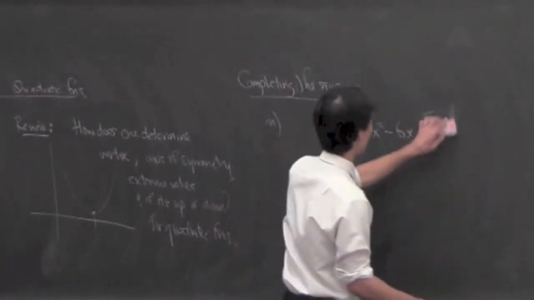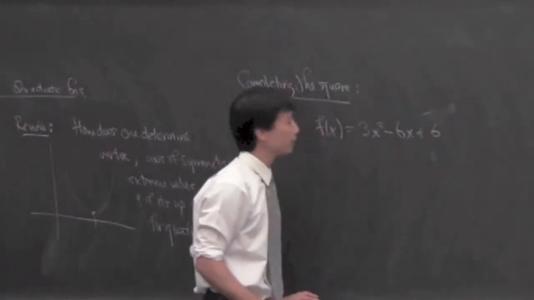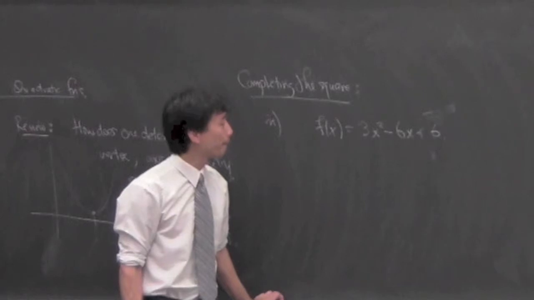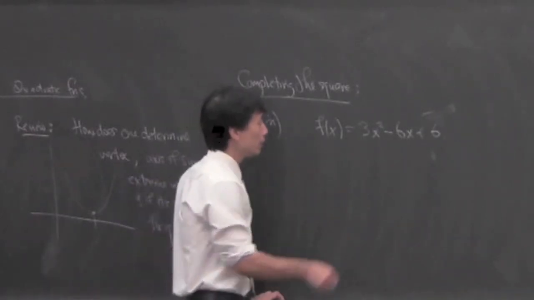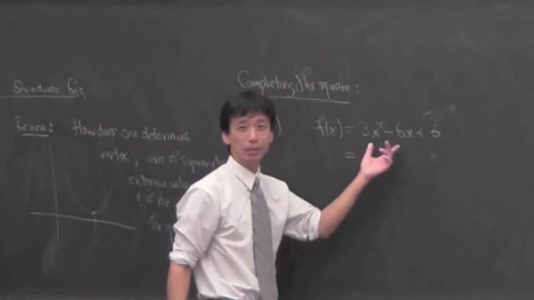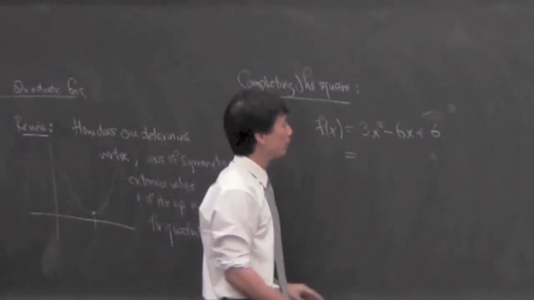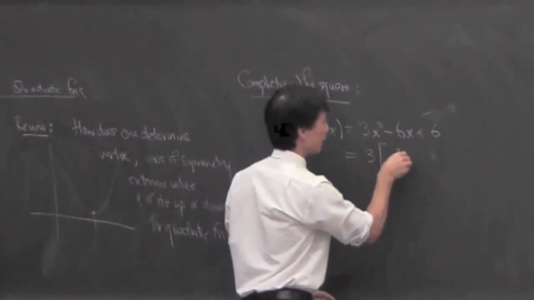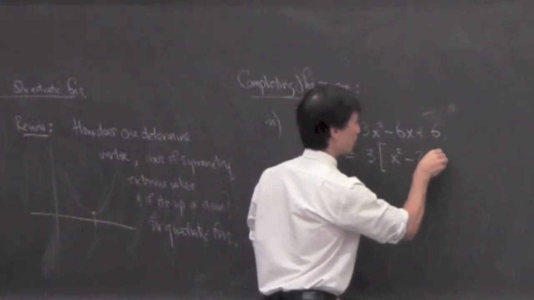So I make it 3x squared minus 6x plus 6. I want to make this thing look like a square. Maybe the first thing I'm going to do is to factor out 3. So I've got x squared minus 2x plus 2.